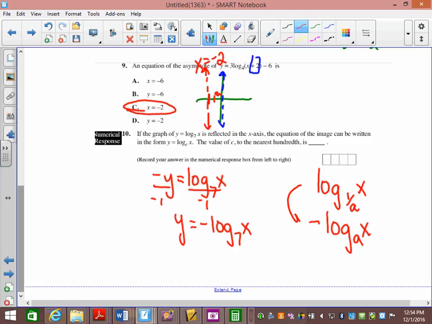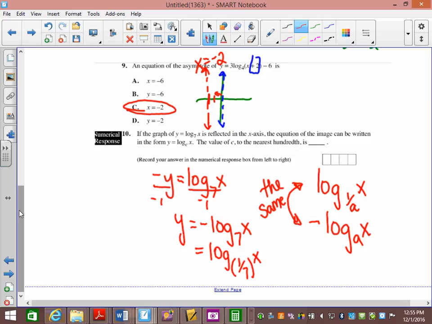These are the same. Now, some of you don't believe me. You're like, nah, I don't believe you. So what can I do to prove this to you? Well, if I'm saying this is the same as this, then what is this the same as? Log what? Log base 1/7 of x.